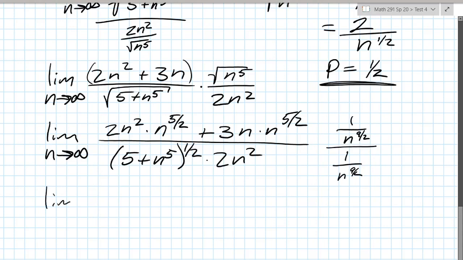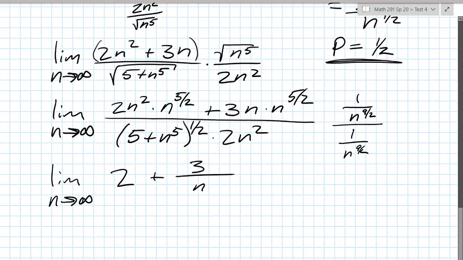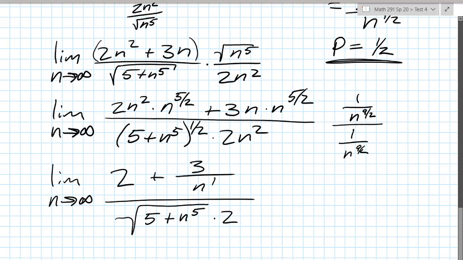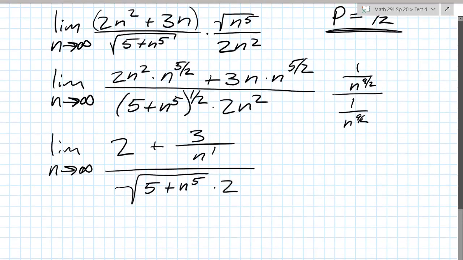So up top, we have 2 plus 3 over something with n's. I believe that should be 2 halves or just 1. On the bottom, we have a bunch of stuff with n's and square roots. So let's go like this. The square root of 5 plus n to the fifth, I think this is going to be better for us, times 2. I'd like to bring the n squared into the square root.